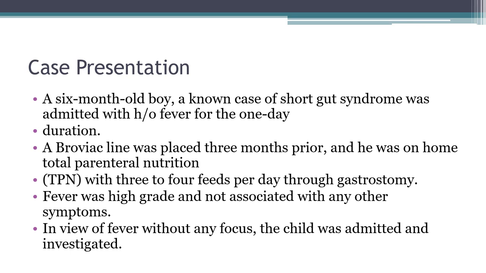He developed a fever for the duration of 1 day. The patient was receiving the TPN 3 to 4 times a day through the central line, along with a G-tube that was in place to wean the TPN. The Broviac line was placed 3 months back, and he was on home total parenteral nutrition.